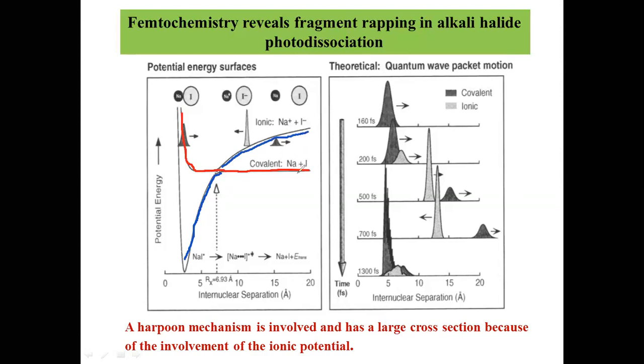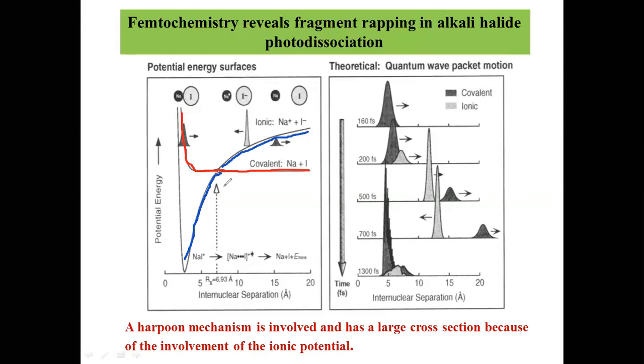So this is the energy difference between the energy required for the ionization of sodium and the electron affinity of iodine, right? That is the energy difference, delta E. That's what we discussed for the harpoon mechanism.